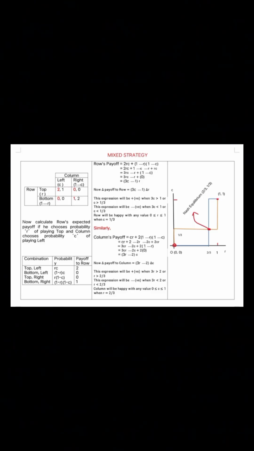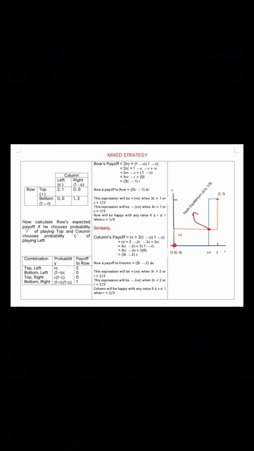By looking at this combination, probability and payoff to row table, we can calculate row's total payoff. How to calculate it? We have to multiply the payoff by the respective probability for each combination and add all the products together.